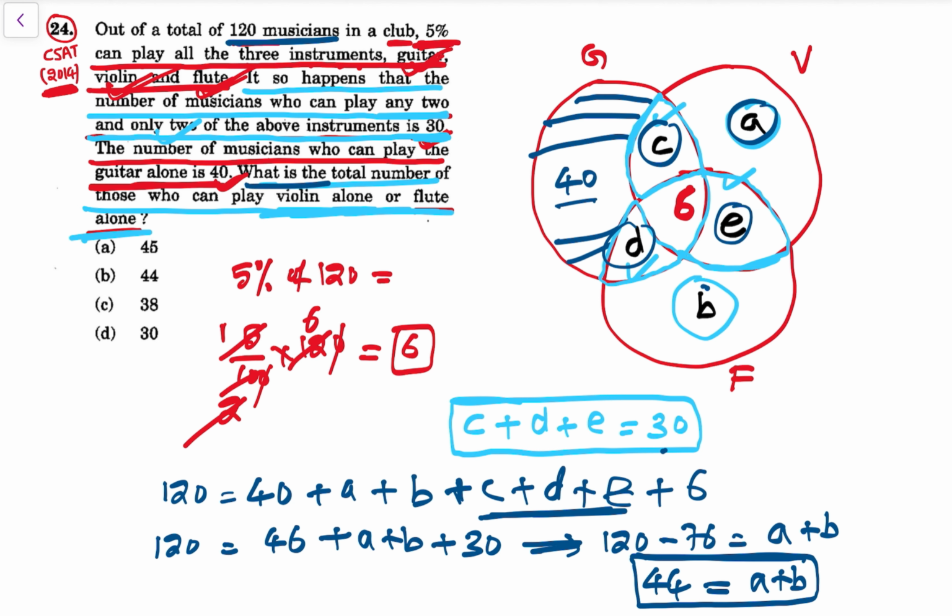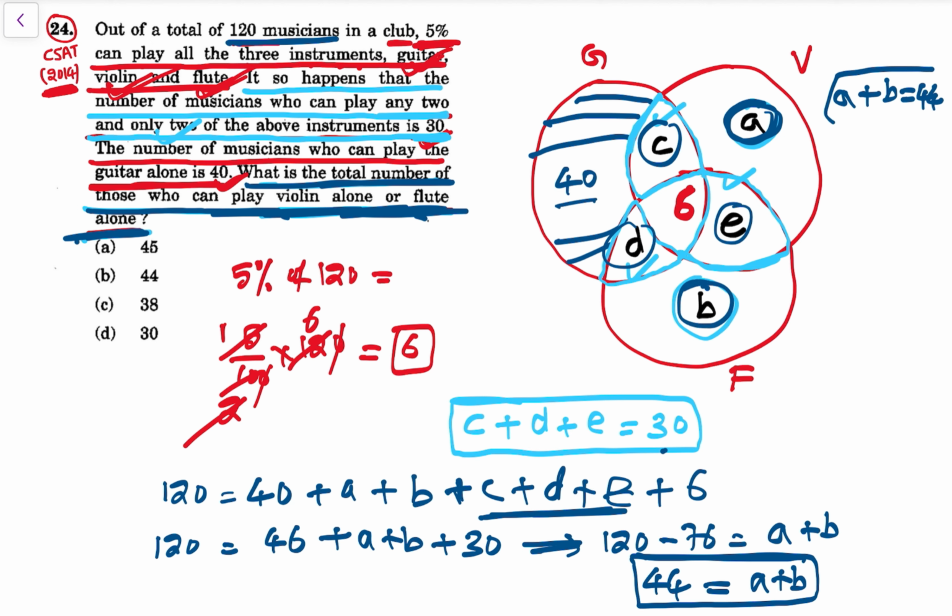What is being asked is the total number of those who can play violin alone or flute alone. Violin alone is A, and flute alone is B, so A plus B is what they asked us, and that is 44.